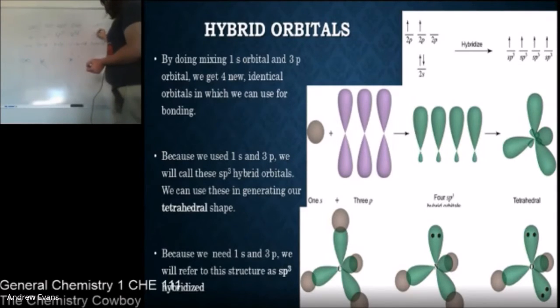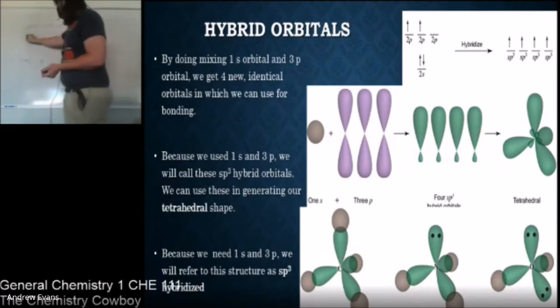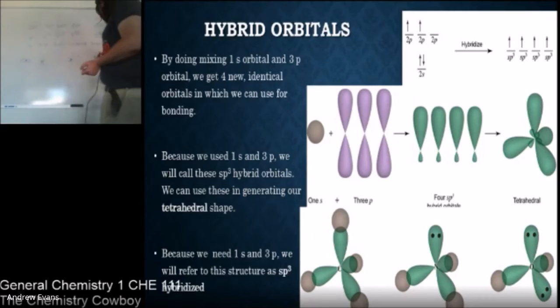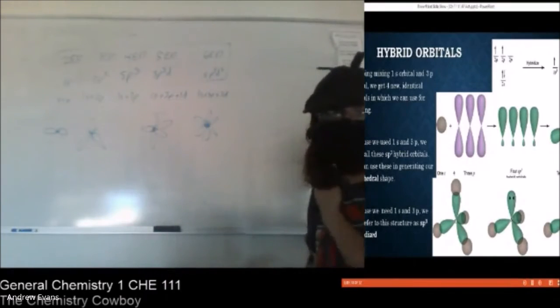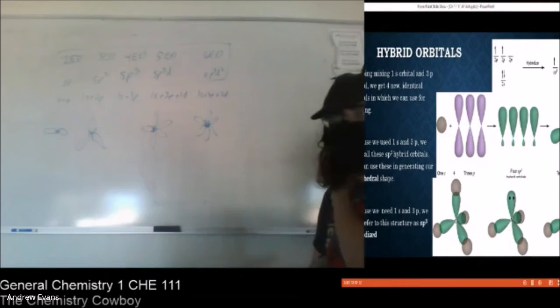And even if you don't understand this too well at this point, there is a little handy chart for the lab that shows essentially this little thing. If we know how many electron domains we have, we can figure out what the hybridization should be.